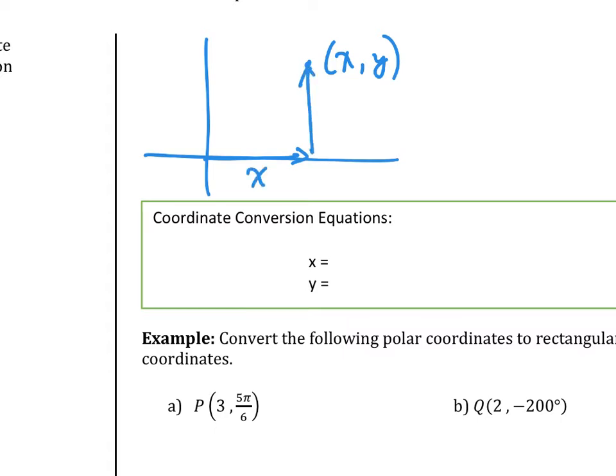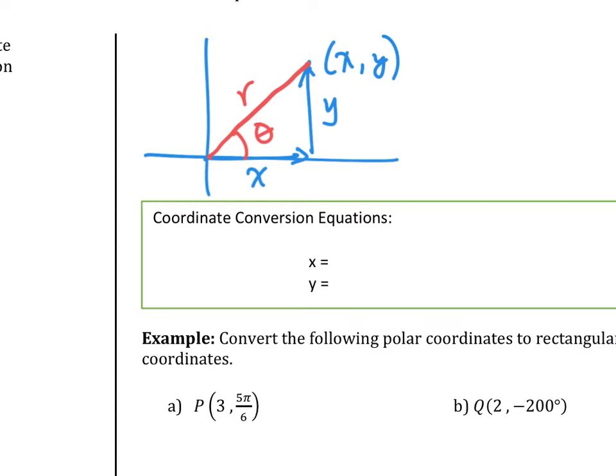So this is x, this is y. Now we can get to that same point if we go r, theta. What is r, theta? r is this length, the radius, and theta is the angle we turn. So we can get to the same point by xy or r, theta.